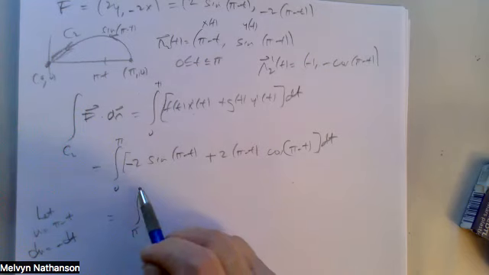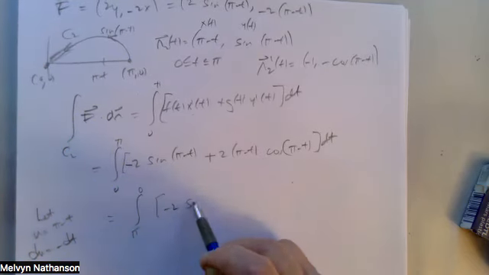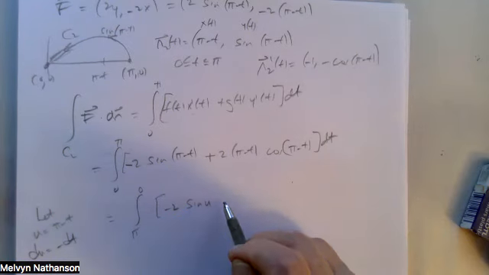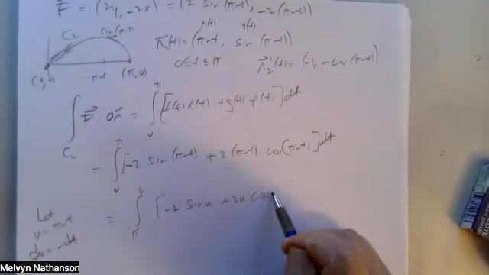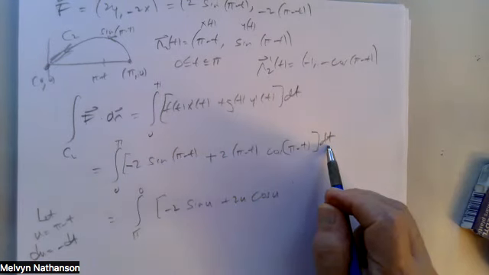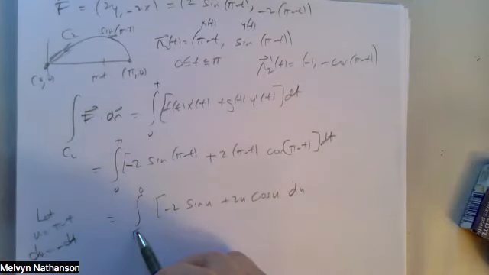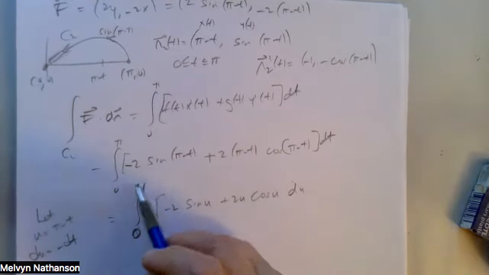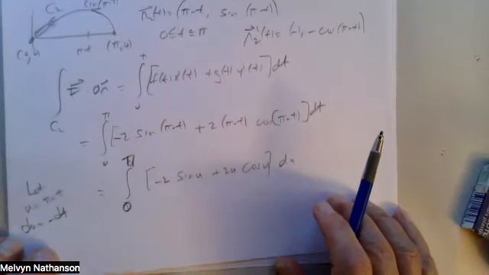When t is pi, u is 0. This becomes minus 2 sine u plus 2u cosine u, and dt is minus du. So let me just change these. This is 0 to pi. So we have to compute this integral, which again is just calculus.